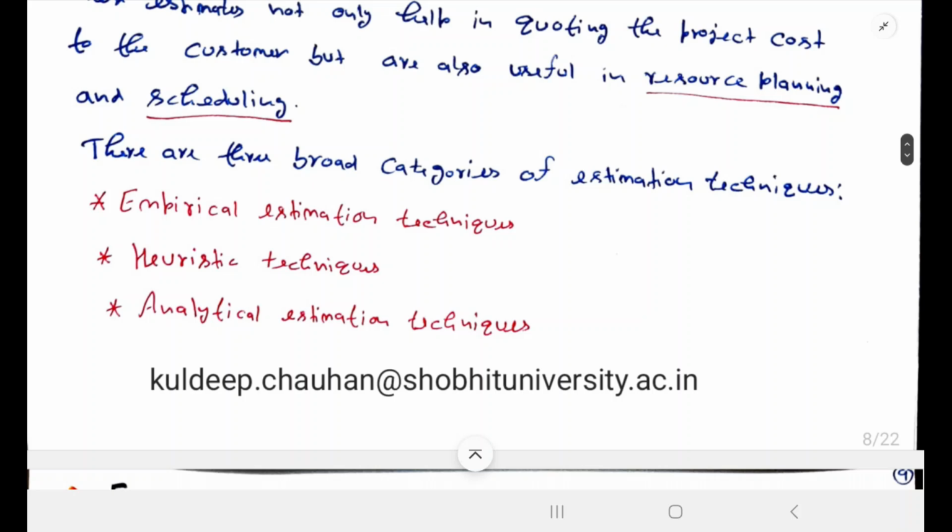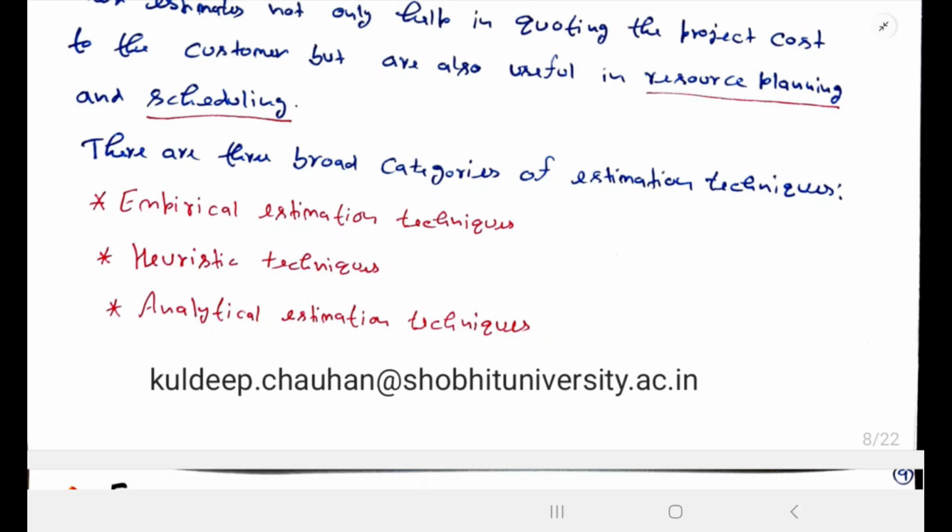Here we have three main broad categories of estimation techniques. These are empirical estimation techniques, heuristic estimation techniques, and analytical estimation techniques. The most common technique is empirical.